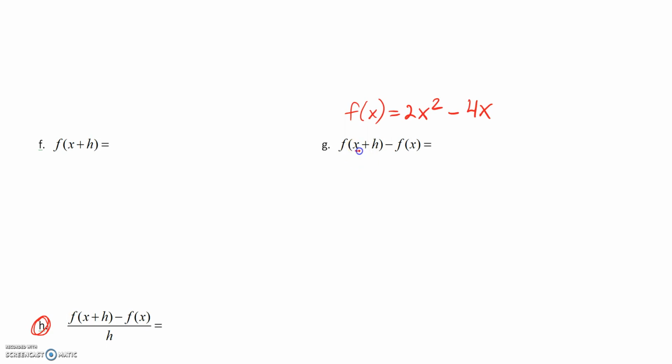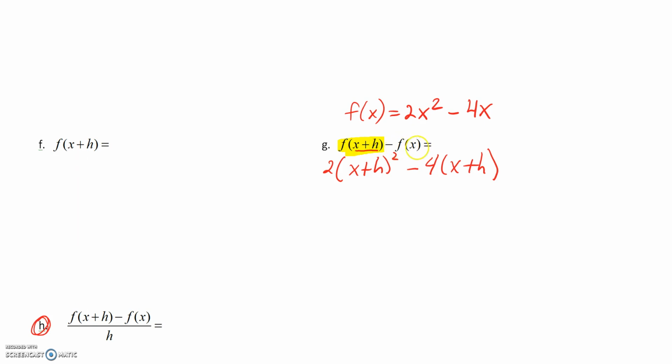First off, my input's going to be x plus h. So wherever I see an x, I'm going to plug that in. So it'll be 2 times the input x plus h squared, minus 4 times the input x plus h. Now that is just taking care of this portion right here.